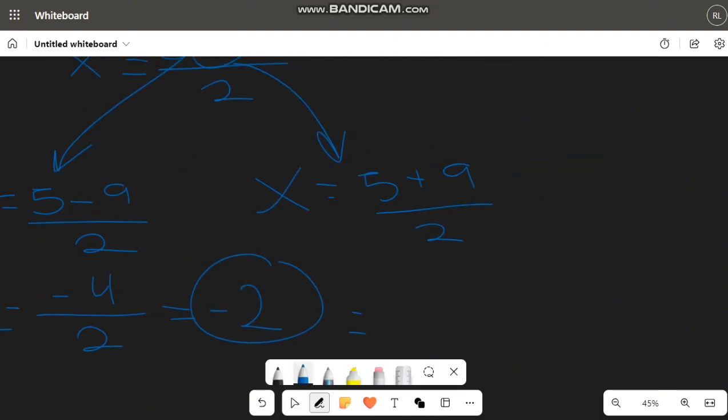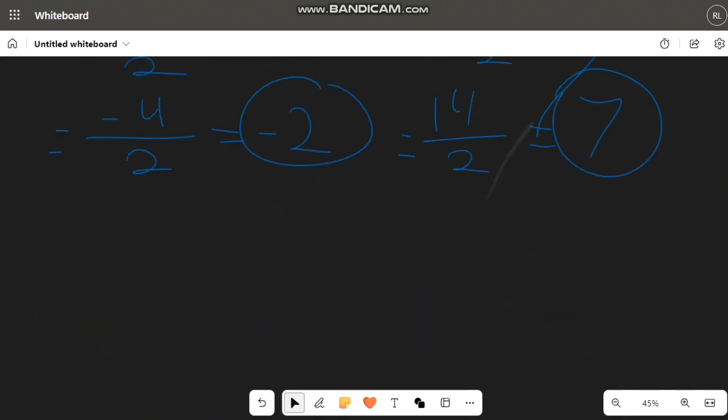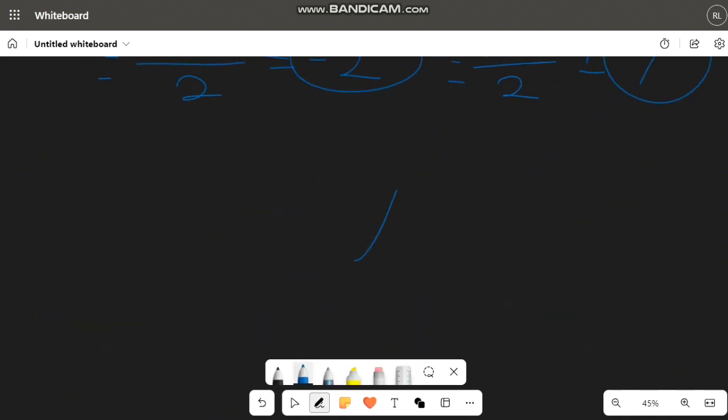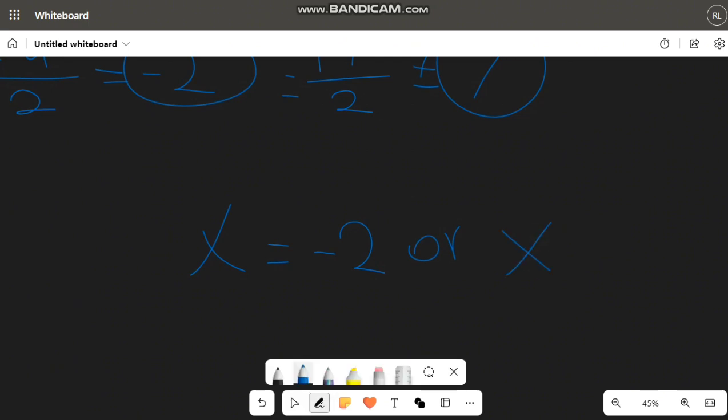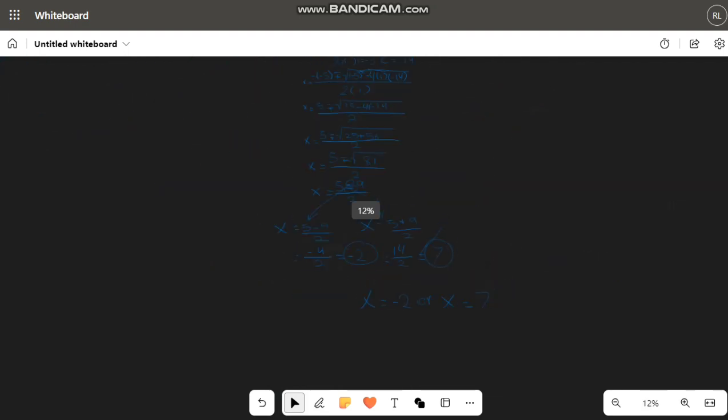This one, 5 plus 9 equals 14 over 2, which equals 7. Other answer: x equals negative 2 or x equals 7. Okay.